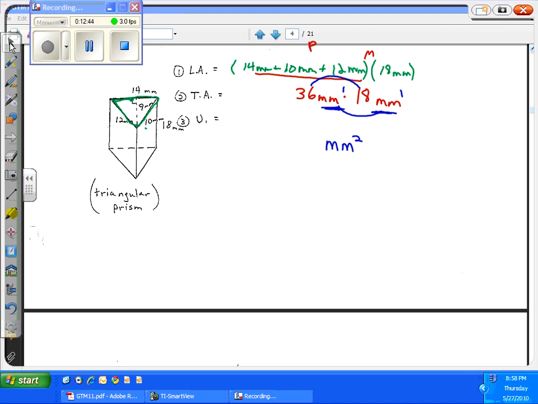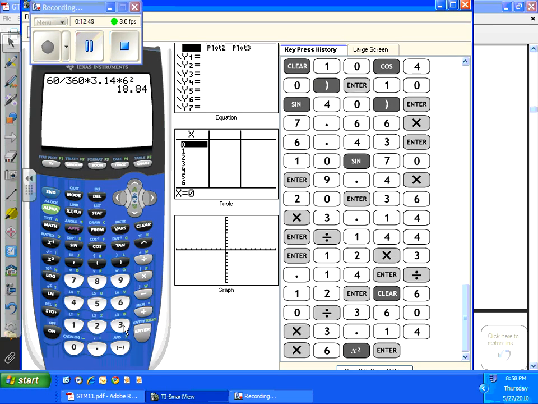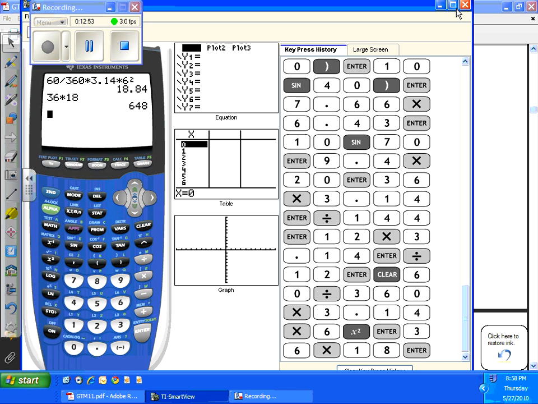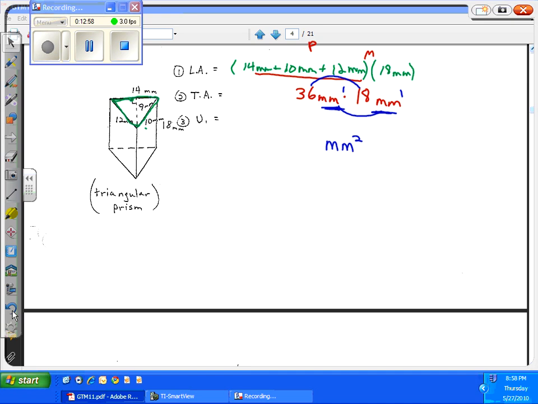And we have 36 times 18, and I'm going to hit the calculator here. 36 times 18 is 648. So the lateral area is 648 square millimeters, and we weren't asked to convert.